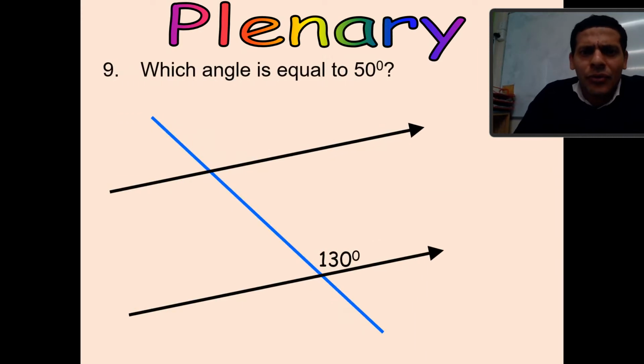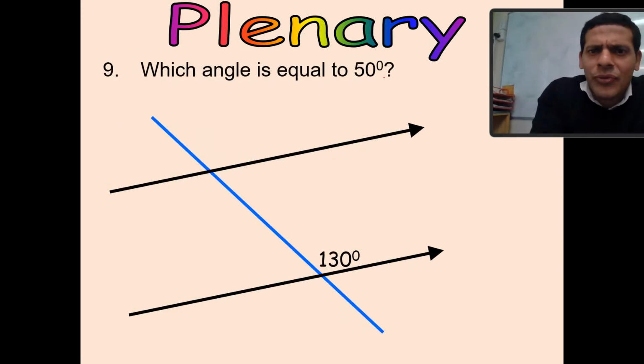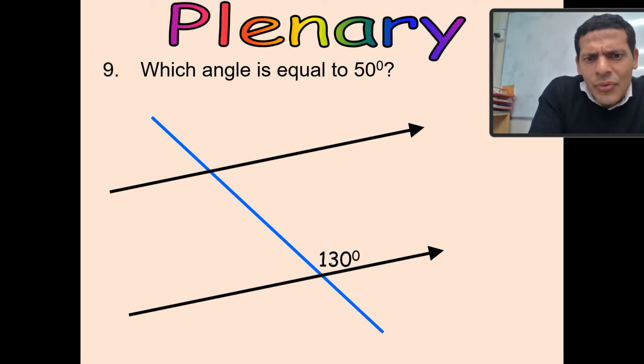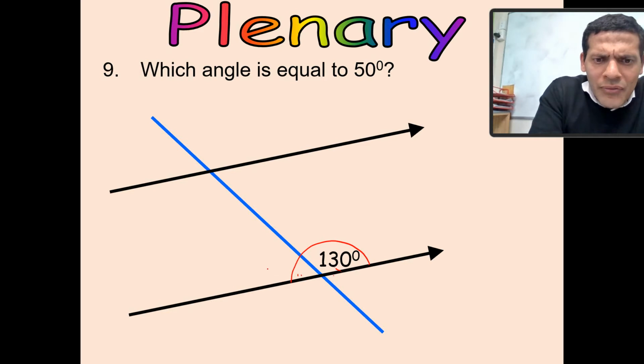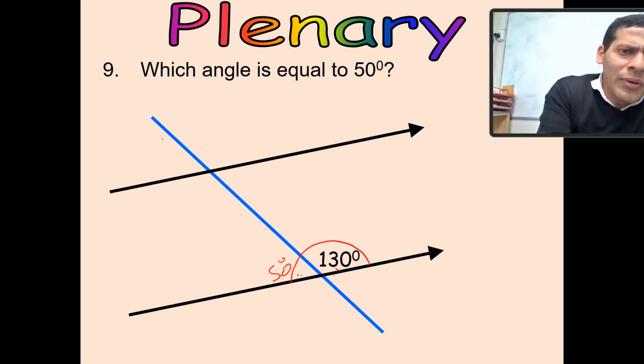Which angle is equal to 50? If this one is 130, then this one, because we have a straight line here, will be 50 degrees, because both angles equal 180 degrees, a straight angle. So if this one is 50, obviously this one will be 50 as well. Why?